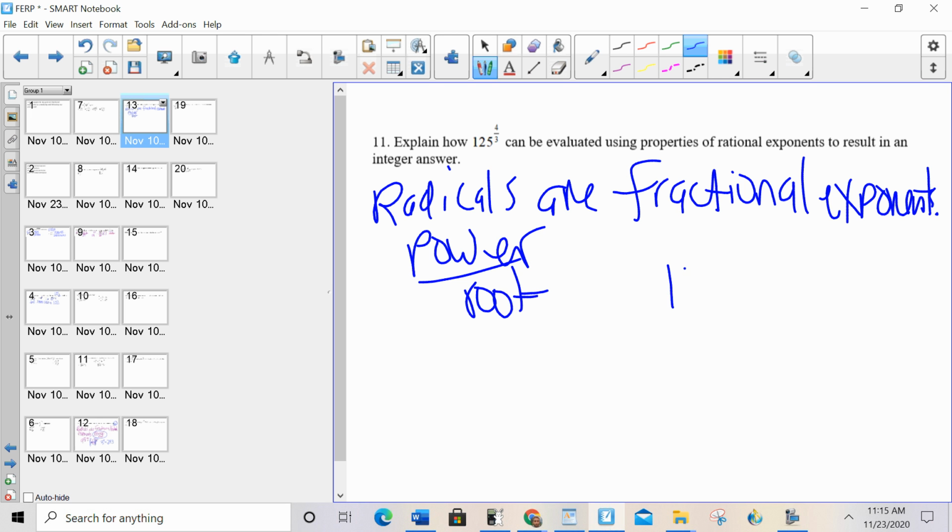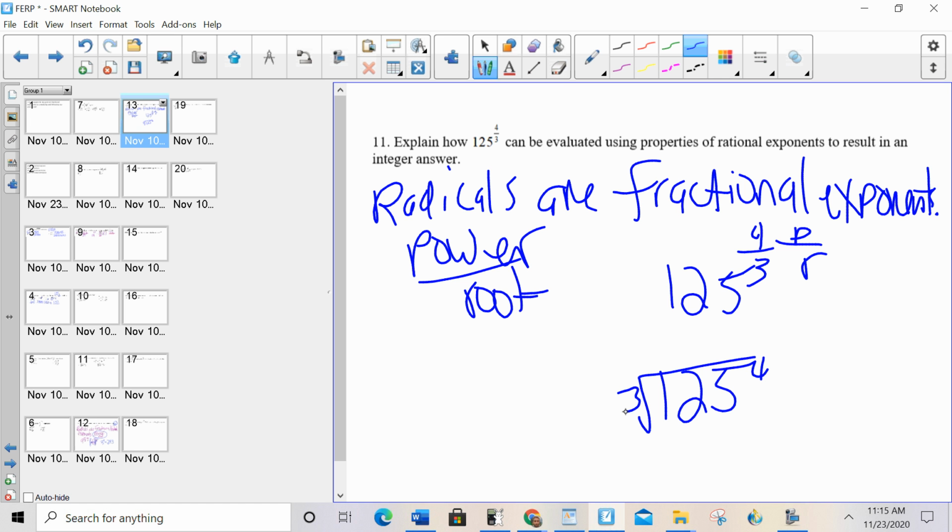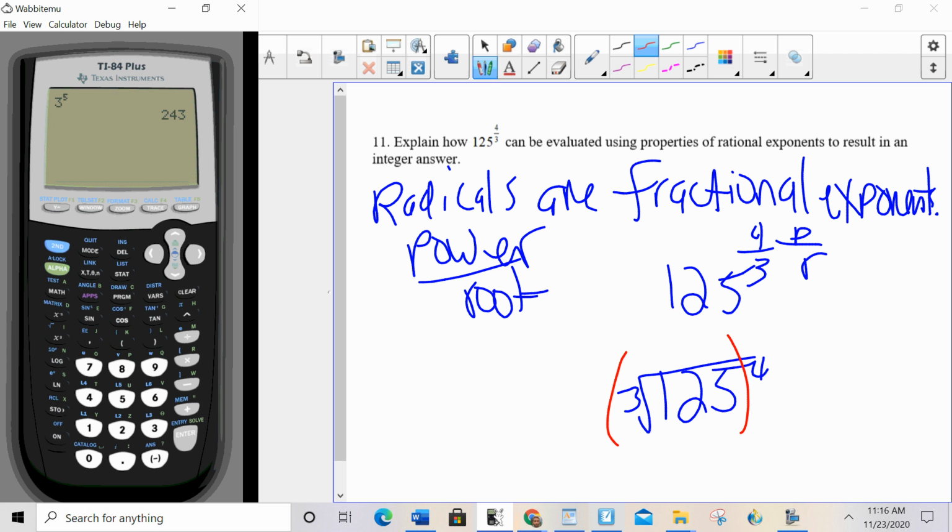So I take that 125. Well, let's start with the original problem. I take the 125, I put it in a radical. It's the power over the root. The power is 4, the root is 3. Do the root first, the cubed root of 125. If you don't know that, ideally you know how to do that mentally, but if you don't, the cubed root is math option 4.